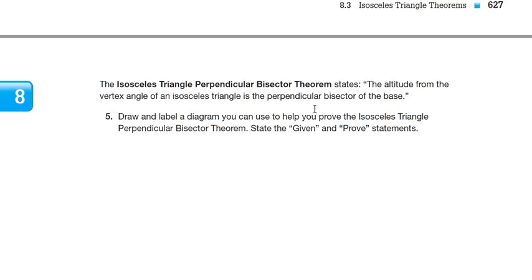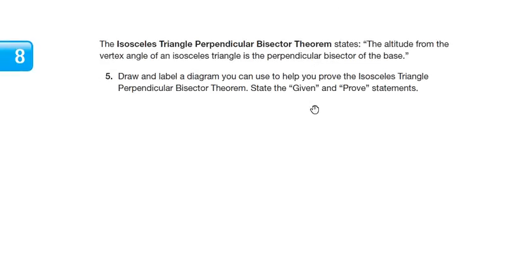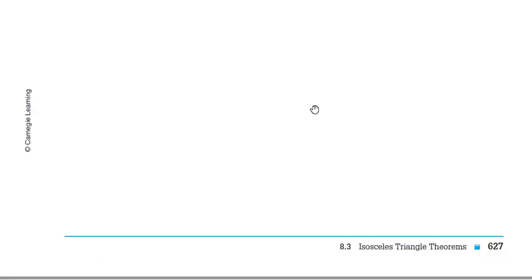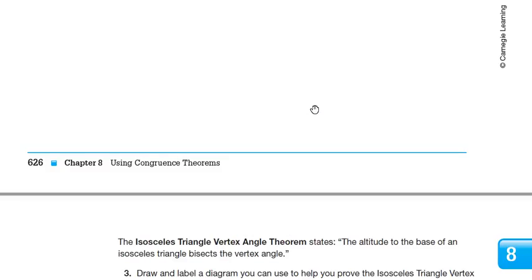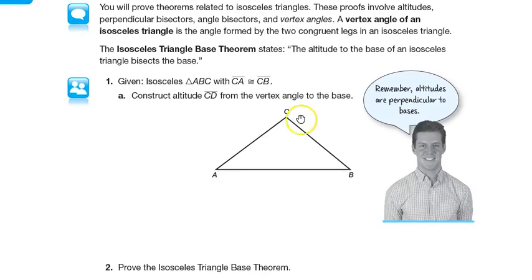Now you have the perpendicular bisector theorem. Now this one is a lot like what we just said. It's actually almost identical to the first one, where once you've constructed an altitude here from the vertex angle and you have CD in place, you go through the whole process of saying, okay, these two triangles are congruent to each other, again by HL.